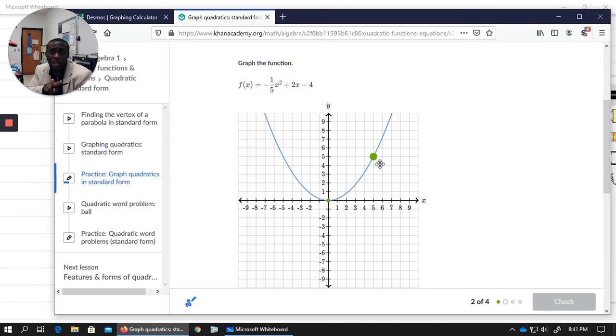You're going to have to start off by clicking and dragging wherever the vertex is. You're going to have to put the vertex in the right place. So you see what I'm doing? I've clicked it, I'm holding it, and I'm dragging this. So you're going to have to drag this vertex to wherever it is supposed to be.